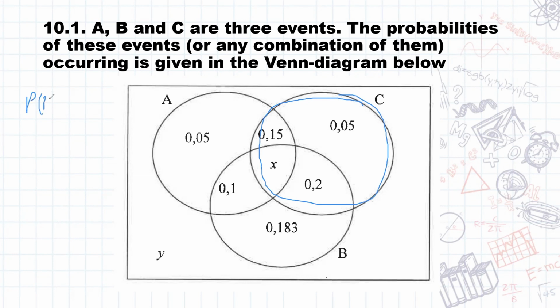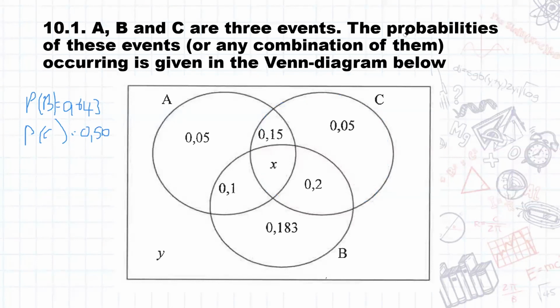The probability of B we found as 0.643, and the probability of C that we found is 0.56. All right. Now the probability of B and C happening is going to be where B and C overlap, and that is this part here. We'll add the two of those together, so that's 0.16 and 0.2.